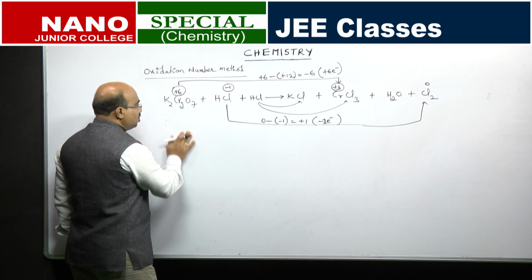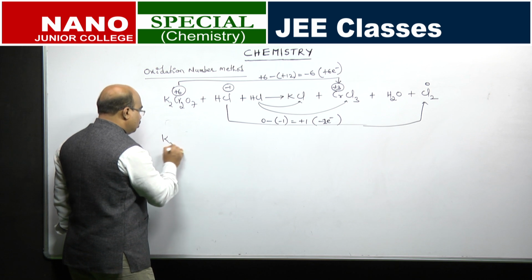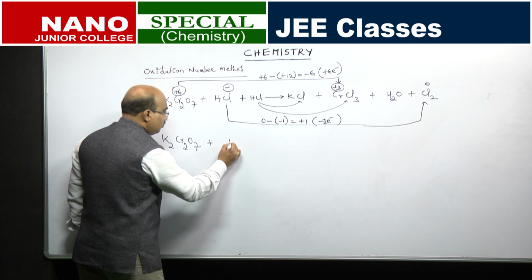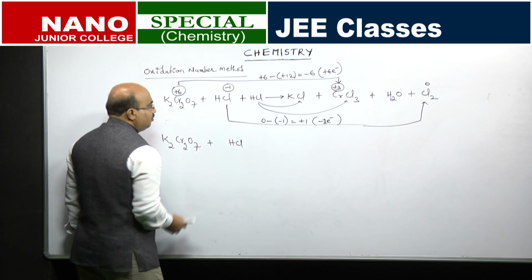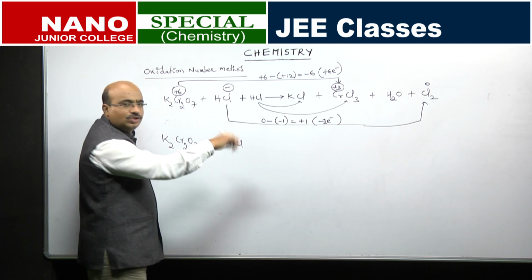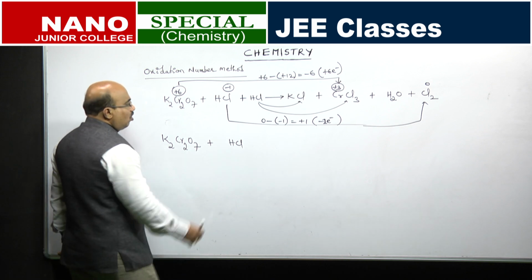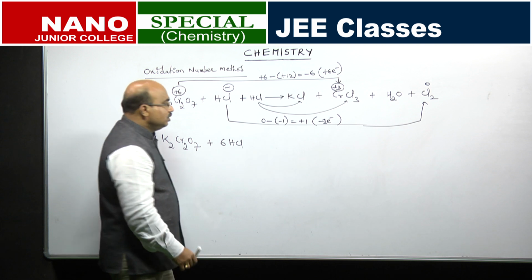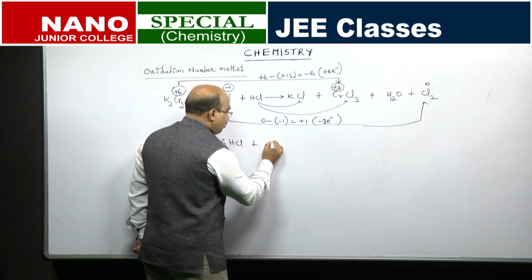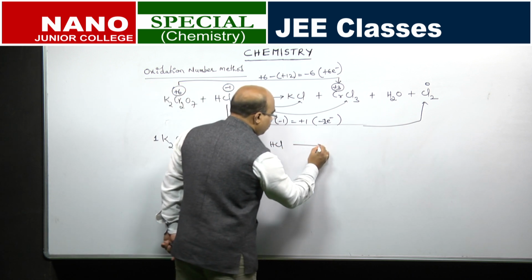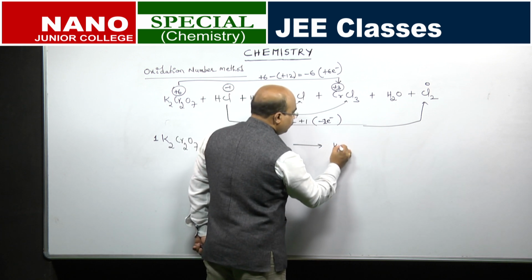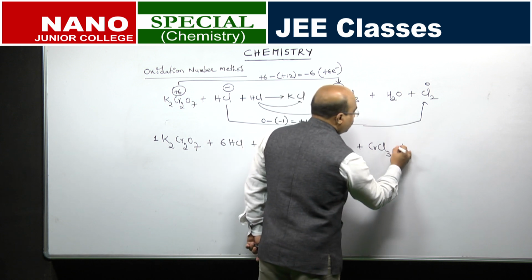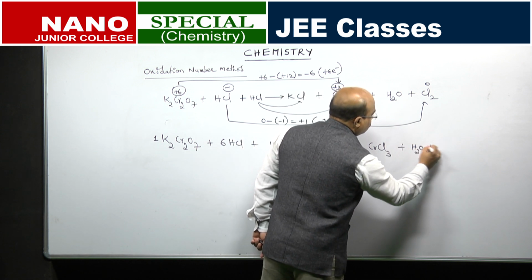Let us write the equation again with the coefficients we fixed for K2Cr2O7 and HCl, for this HCl which is involved in the change. How much did we fix? 6, this is 1, plus this HCl we have to see later. Now, this is KCl, this is CrCl3, this is H2O plus Cl2.